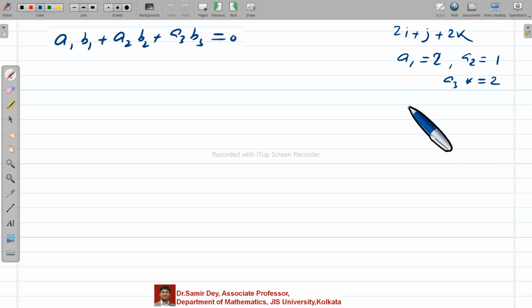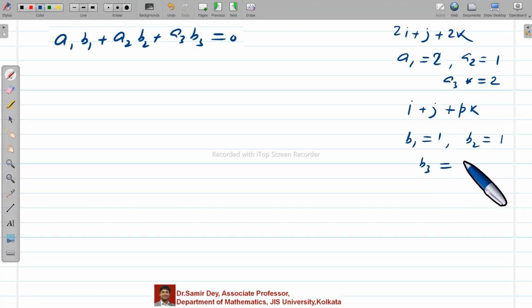What is your second vector? i plus j plus pk. So b1 is 1, that is the i coefficient, b2 is 1, and b3 is p.